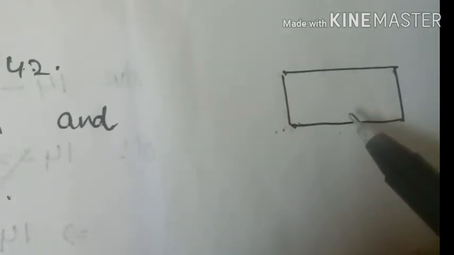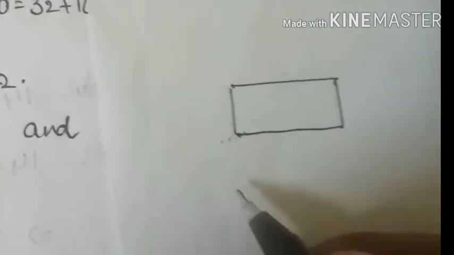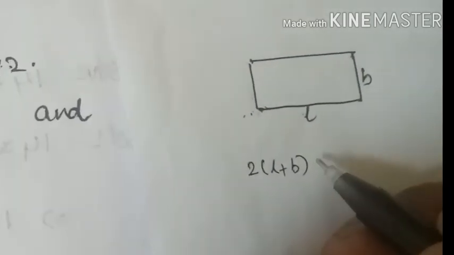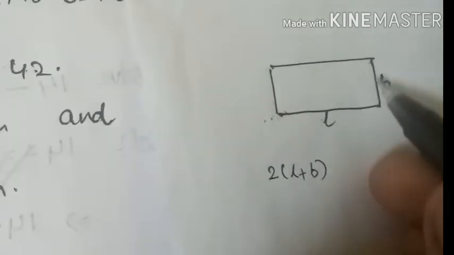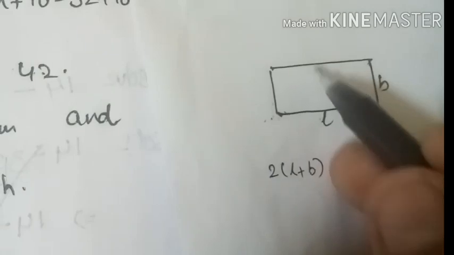Now tell me, what is the perimeter of a rectangle? Yes, 2 into L plus B. This is the length, and this is the breadth. Boundary means we should add all these values. Opposite sides are equal.